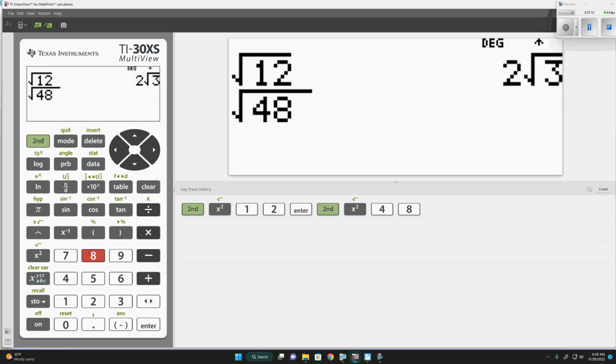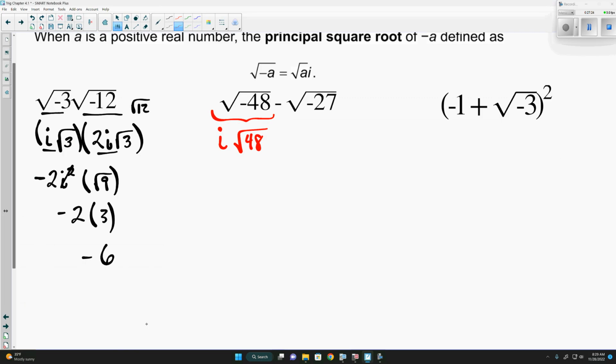I can take the 83, type in the square root of 48, hit enter, and it tells us that it's 4 square root of 3. So that means for us that we have 4i square root of 3. Now we can look at -27.